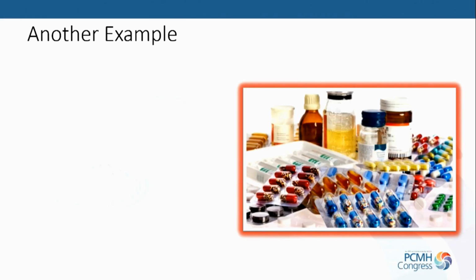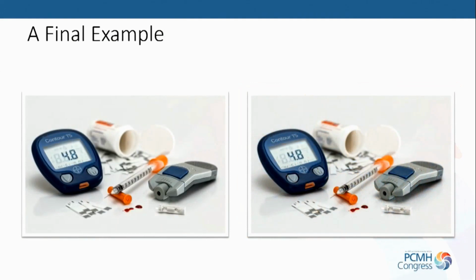Let's do one more example. Here we have two patients. Both are diabetic, on insulin, with an A1C of 7.8%. Now who do you predict has the higher complications in the future? Well, it gets a little trickier now because everything I just said is the same for both patients. We need more information.